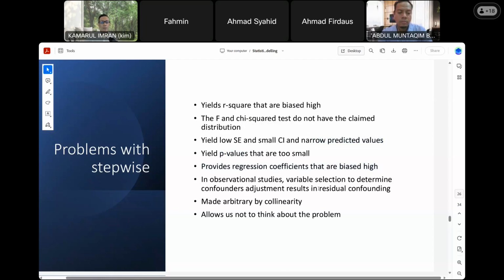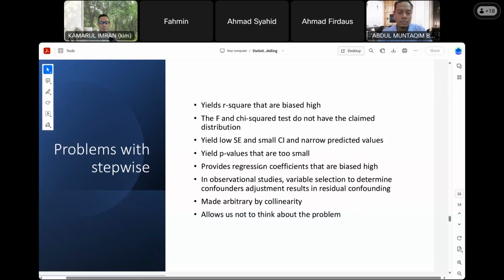And then it can result in residual confounding. It is made arbitrary by collinearity. And then the last thing they say, it allows us not to think about the problem. Maksud kita tak guna akal kita lah. Kita menggunakan akal SPSS untuk berfikir bagi pihak kita. Ini bukan saya cakap.